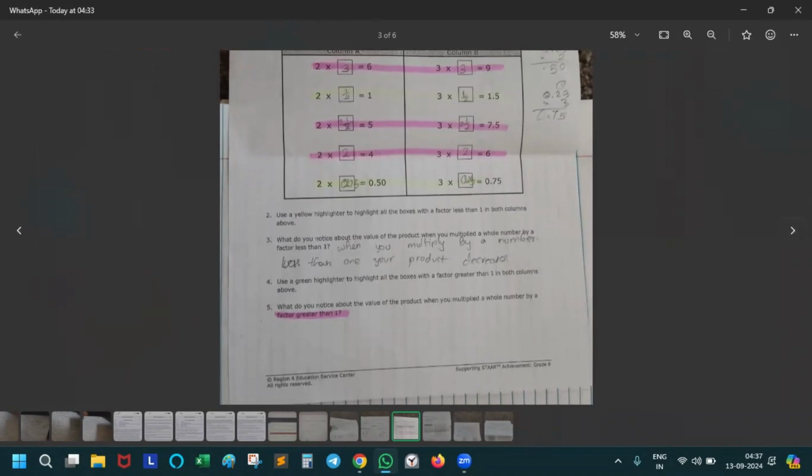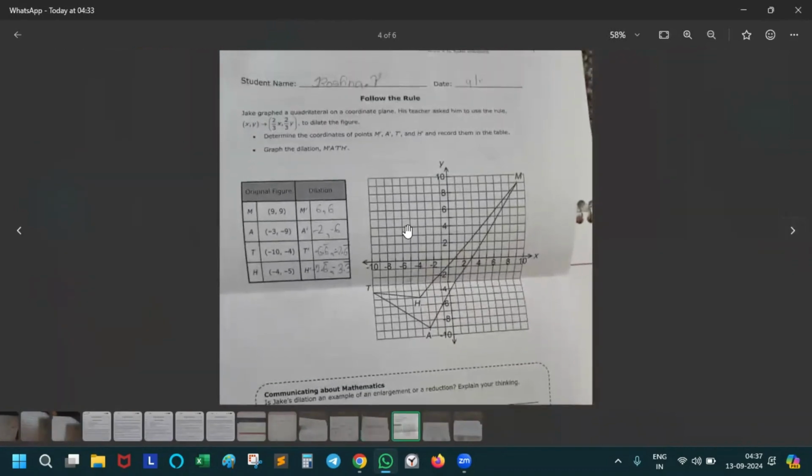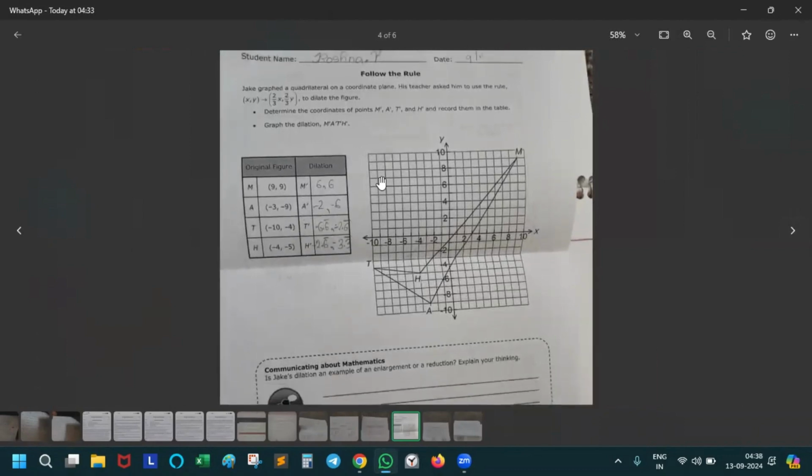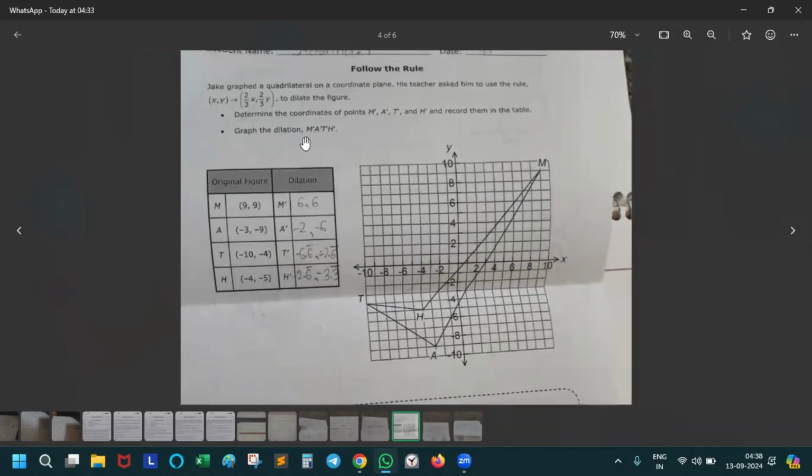Okay. Let's see. What about this one? Can you maybe read the instructions first and then tell me what you do here?